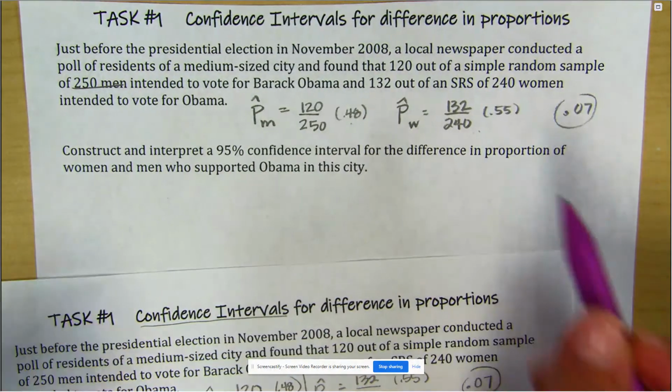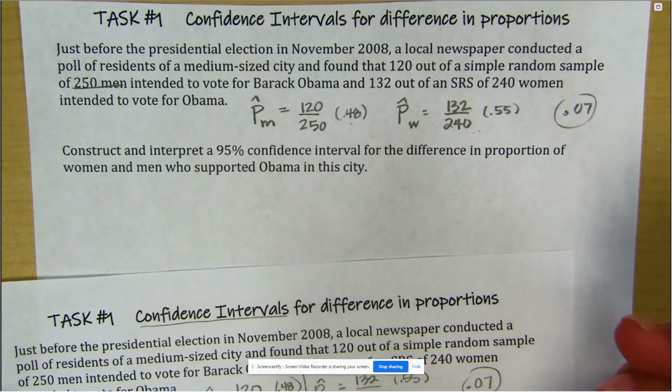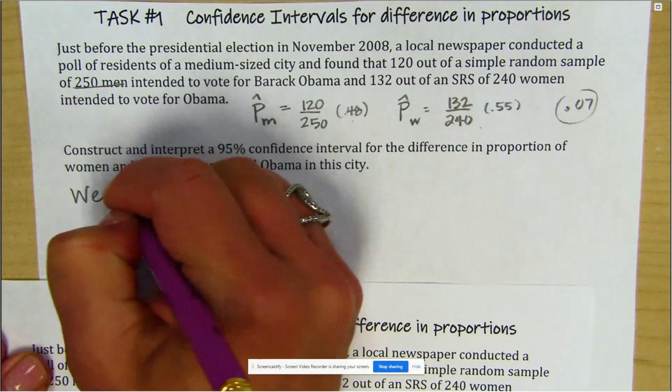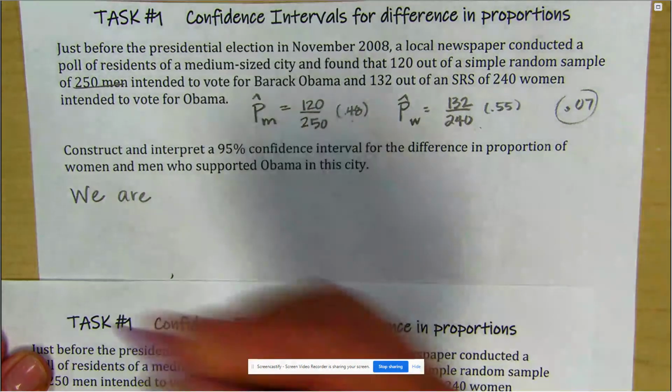So this is a proportion. I'm going to write the statement first and then fill it in. We want to come up with a 95% confidence interval.